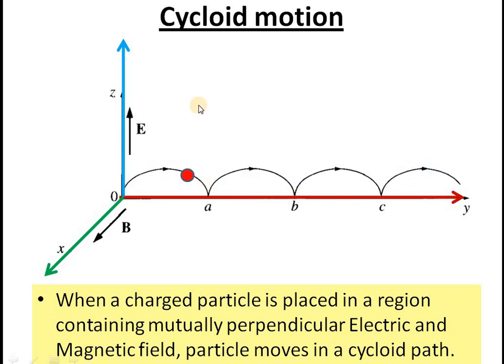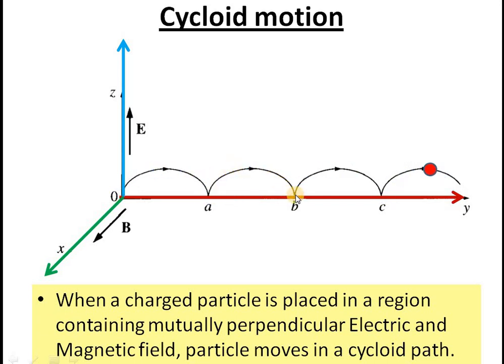When the particle stops at the point A, again an electrostatic force begins to act on the particle. As a result, the particle again starts moving upward from the point A, so again a Lorentz force is experienced. Because of the Lorentz force, the path of the particle is curved, again circular.